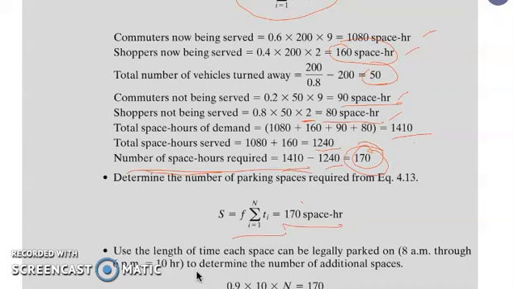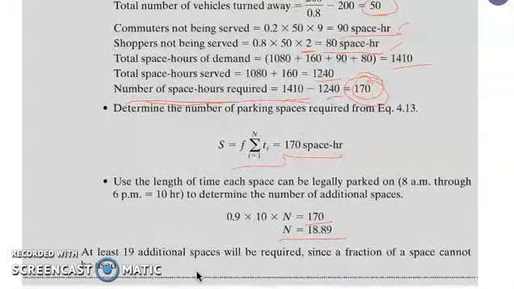So if we identify our n, the number of additional spaces, that is 18.89. So which means that we need 19 additional spaces so that everyone can be served.